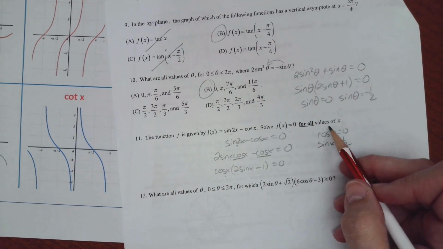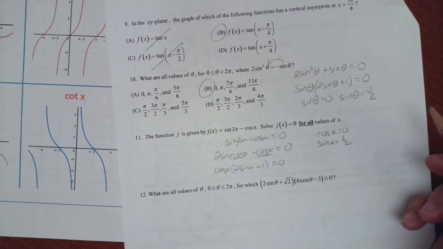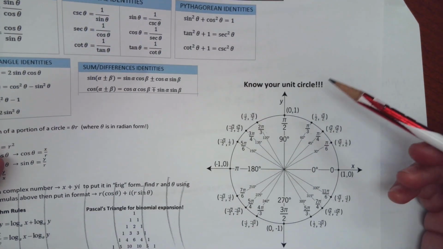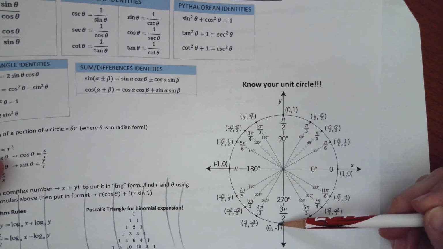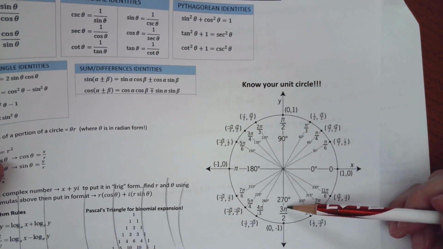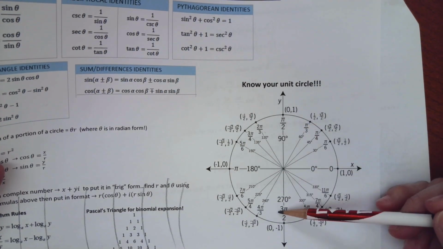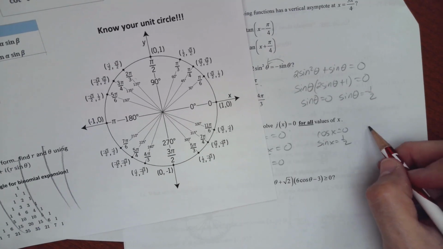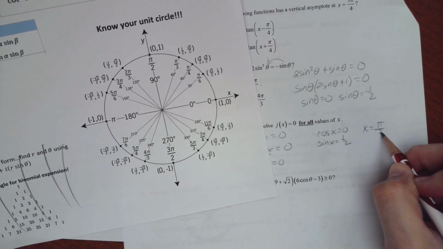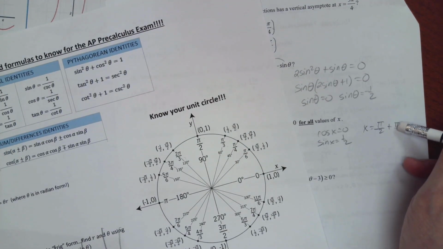All right, and this is asking for all values. So the periods of these are 2 pi, so I'll have to say plus 2 pi k. So cosine is 0 here and here. So you could say pi over 2 plus 2 pi k and 3 pi over 2 plus 2 pi k. Or, look, these are a pi apart, so I could just reduce that down to pi over 2 plus pi k, if I don't want to write them both.